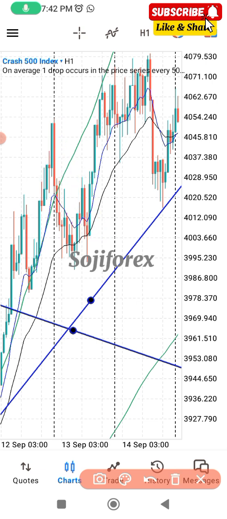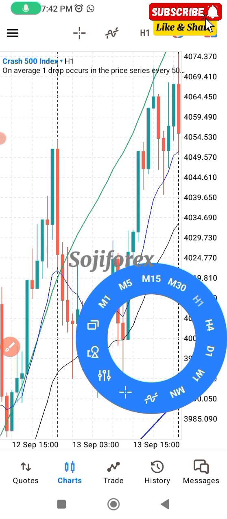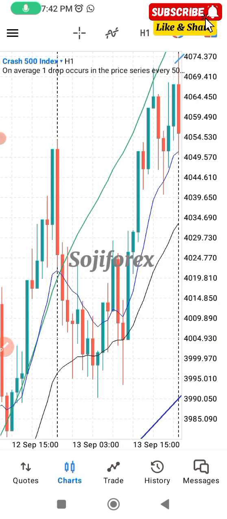We'll be looking for a particular candlestick pattern, which is a bullish pin bar in an uptrend, to find a buy entry, and a bearish pin bar in a downtrend, or a bullish engulfing candlestick pattern or a bearish engulfing candlestick pattern. So in this particular scenario we have a bullish pin bar candlestick pattern.